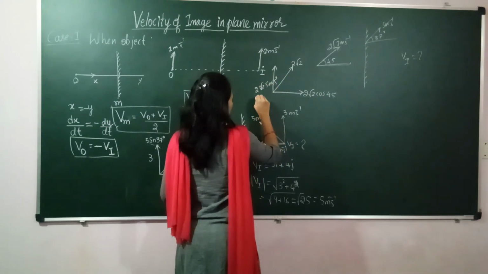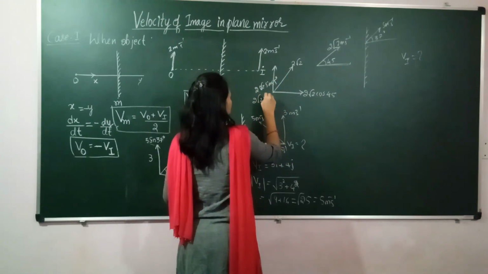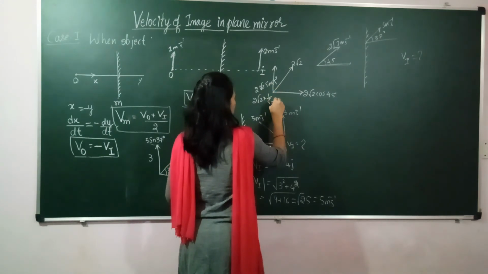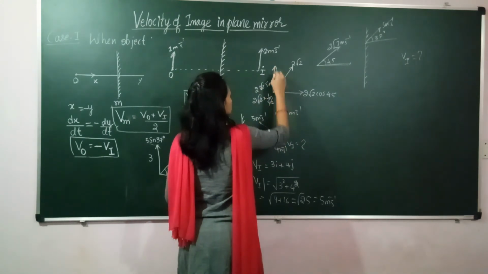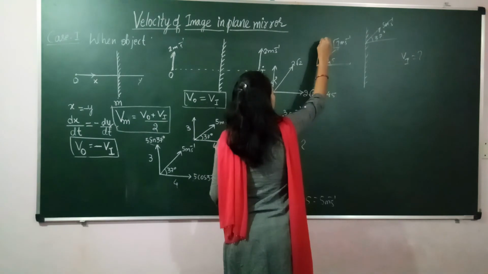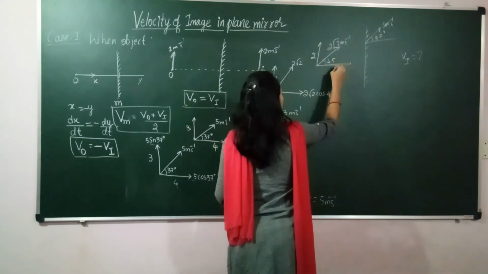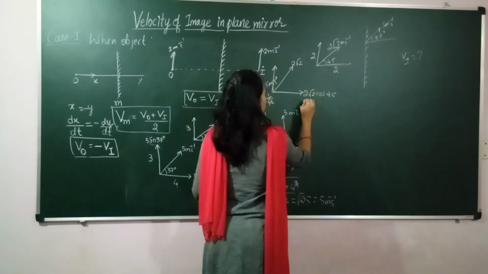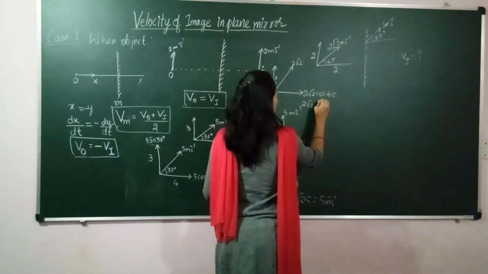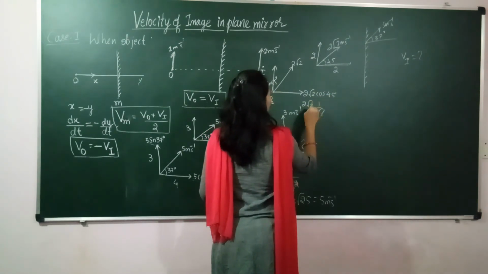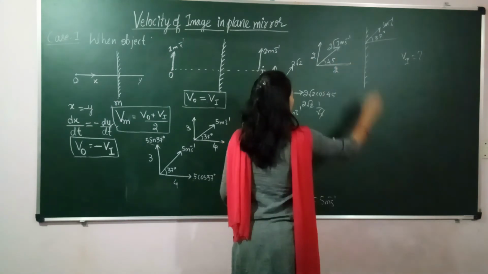So 2 root 2 multiplied by sin 45, which is 1 by root 2, root 2 will be cancelled. So this component will be 2, and here this also becomes 2 because 2 root 2 cos 45 is 1 by root 2. So root 2 will be cancelled, and here this value will be 2.